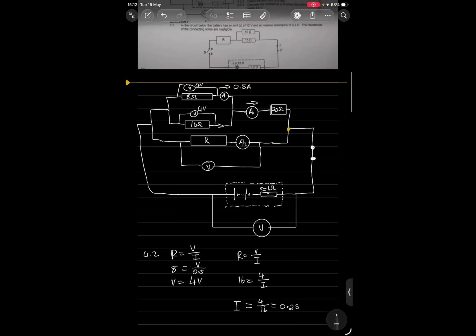So this is going to be the current that passes through here, in amperes. Then what is going to be the current that passes through A1? Is it going to be the sum of 0.5 and 0.25?